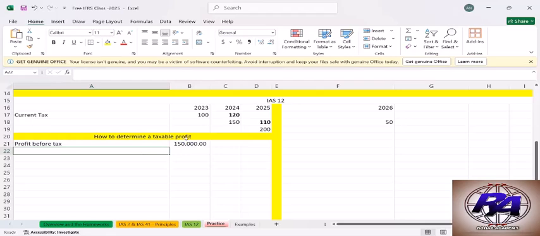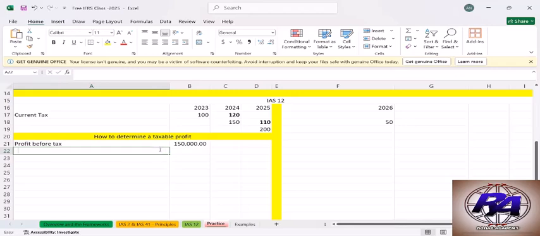That the company has deducted before deriving this profit before tax. That expense may or might not be allowed by tax authorities as an expense. When that's the case, we need to add back.